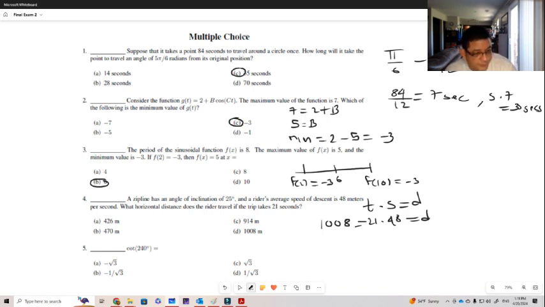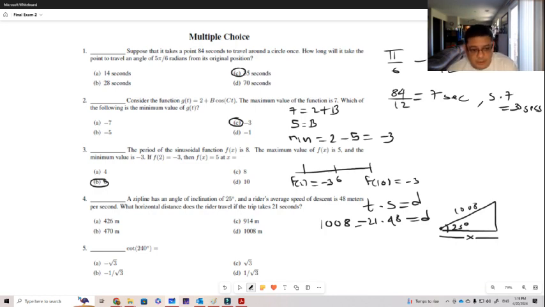The multiplication of these two is 1008. That is the calculation we can use for the zip line, and this forms a triangle. The zip line has an inclination angle of 25 degrees. From this triangle we have the hypotenuse and the angle, so we can find the horizontal line. Don't be confused because this number shows up here. What you're trying to find is the horizontal distance, not the diagonal, which is the zip line.